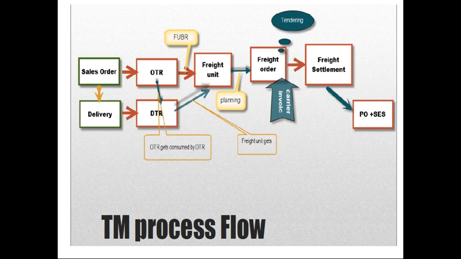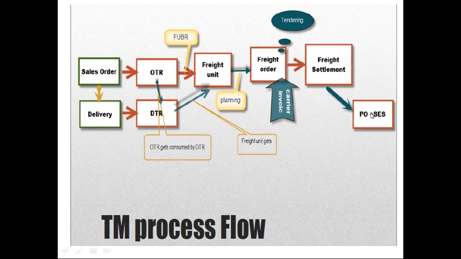Okay, so that is a freight unit, and the freight unit will be taken into the planning, and then the freight order will be created. You can see here, if it's a planning run, the planning will be done based on the freight unit. The output will be your freight order. The freight order is the document which is useful for subcontracting to a carrier, and then the freight settlement document will be created in the TM system.